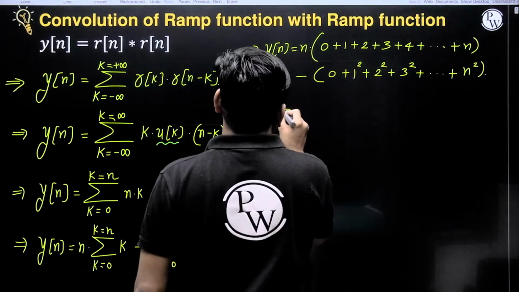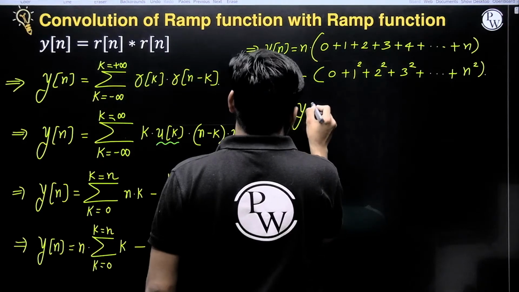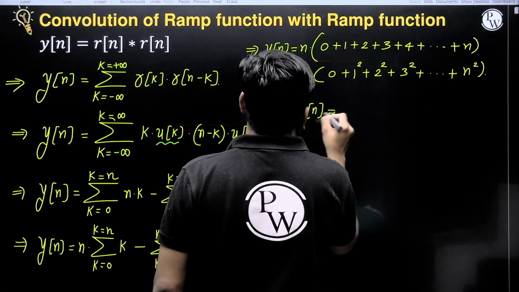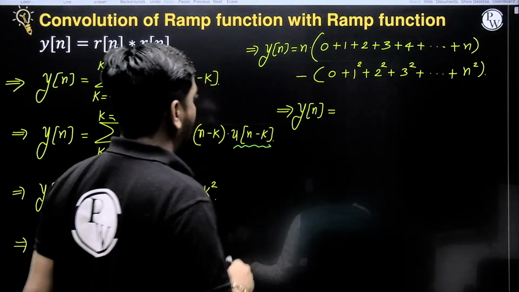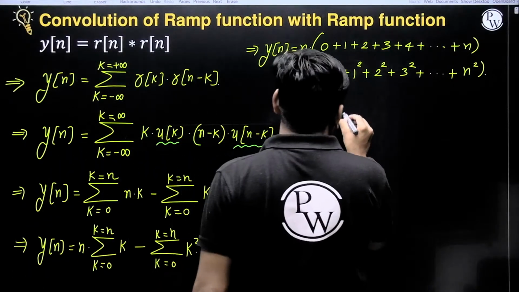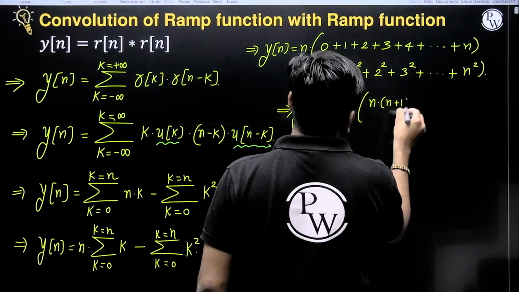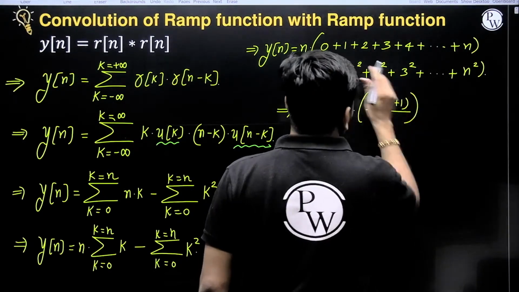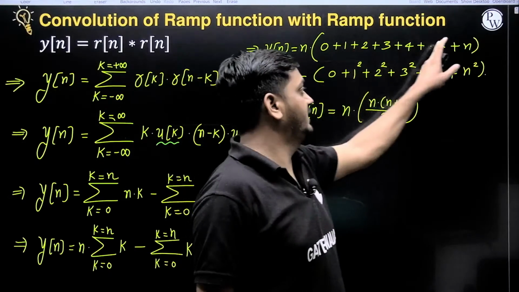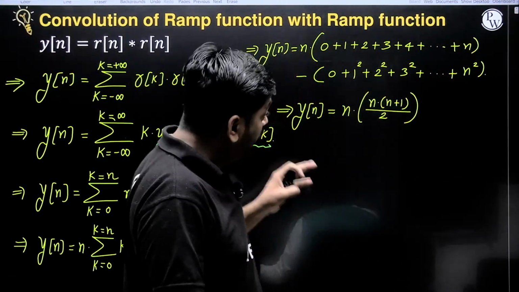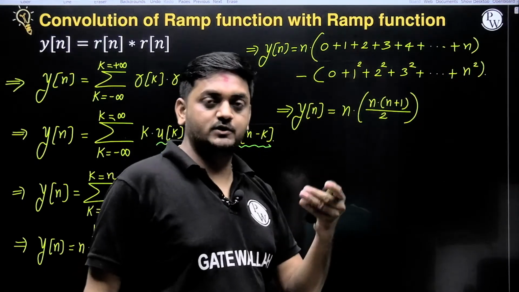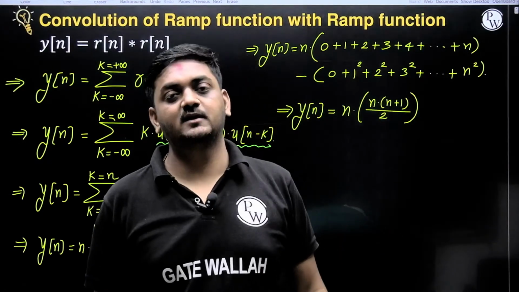So here y of n is equal to n into n into n plus 1 divided by 2, correct? Here the first summation is n into n plus 1 divided by 2. Now what about the answer of the second summation? 1 plus 2 square plus 3 square up to n square. What will be the answer?